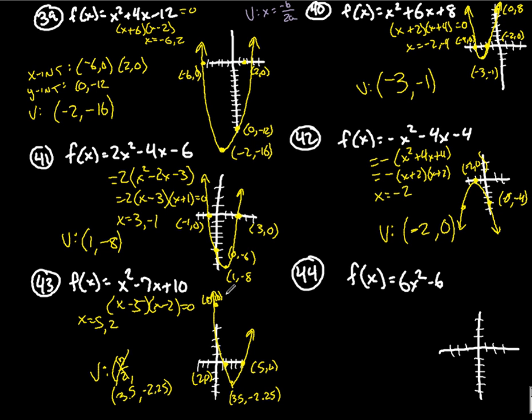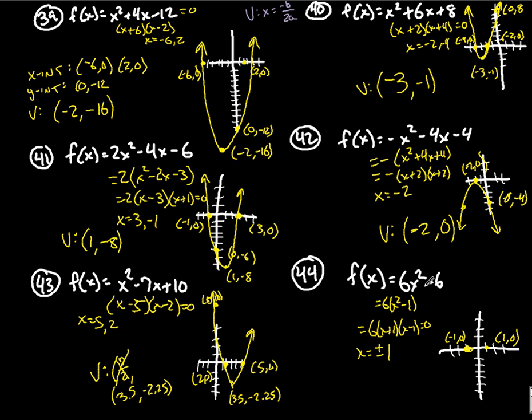Last one, I'm going to factor this as 6 times x squared minus 1, which is 6 times x plus 1, x minus 1. When it equals 0, that means x equals plus or minus 1. So I have negative 1 comma 0 and positive 1 comma 0.